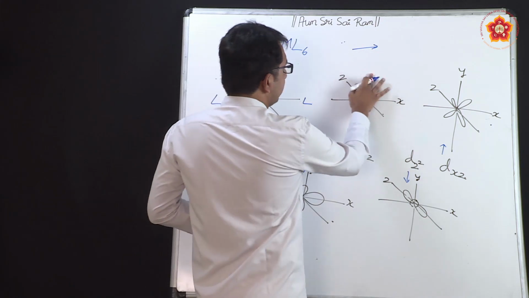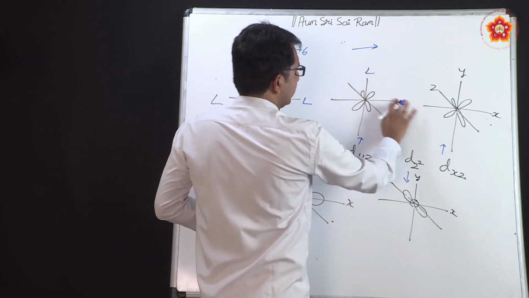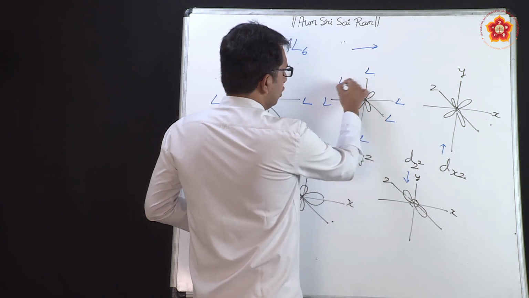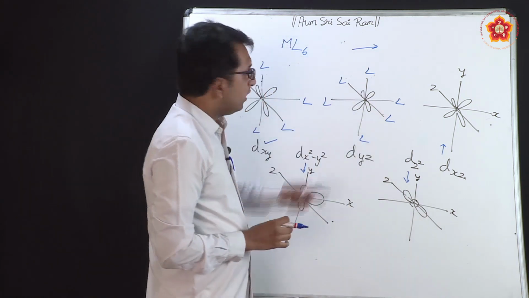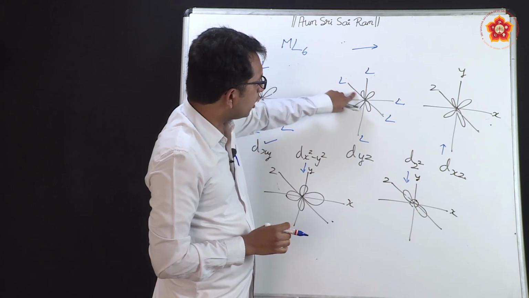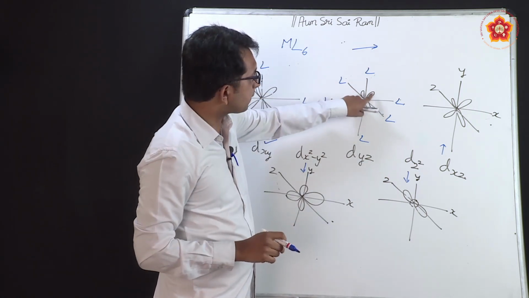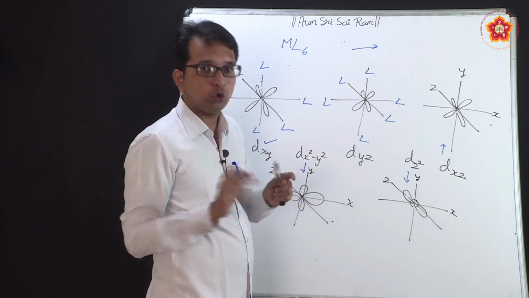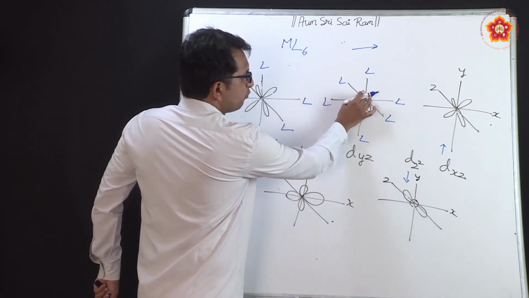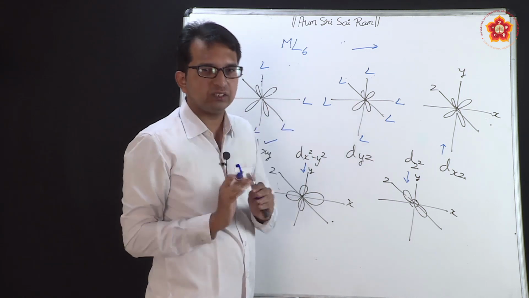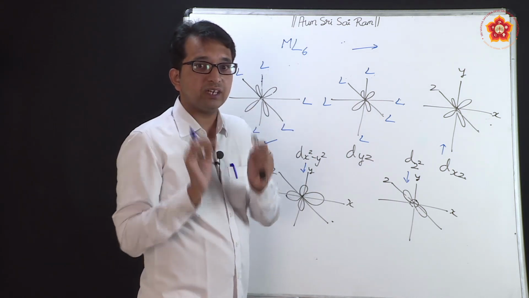Even here also, when I try to replace these parts as ligands, L, L, all the 6, let me write it as ligands. What I understand here is that ligand will give electrons along the axis, on the axis, but orbitals are present in between the axis. So the electrons of metal and electrons of ligand are a little far away, so the repulsion is less. Always remember, like charges repel.